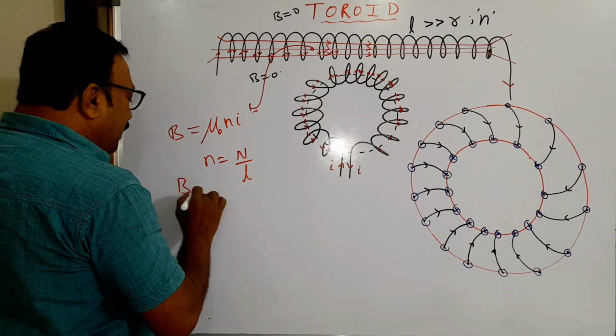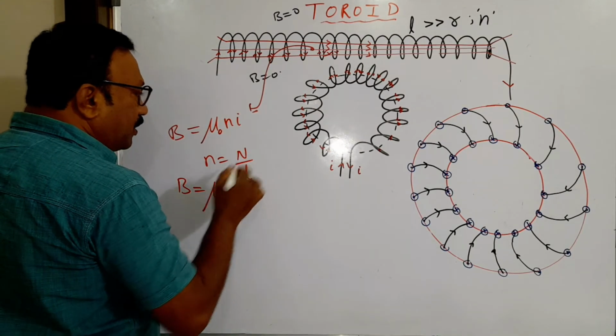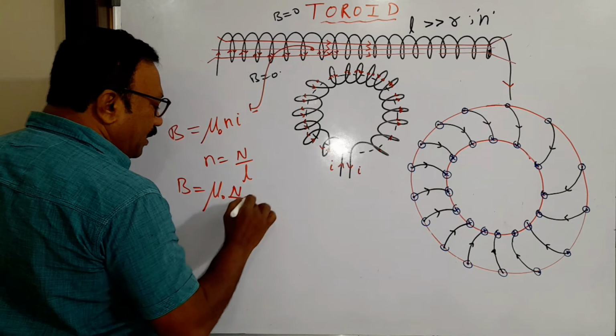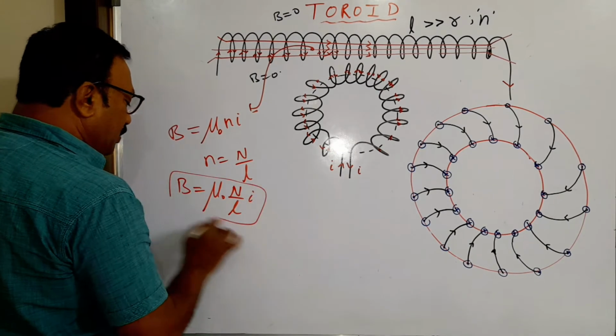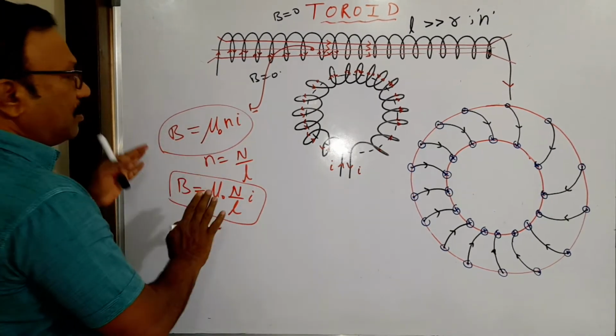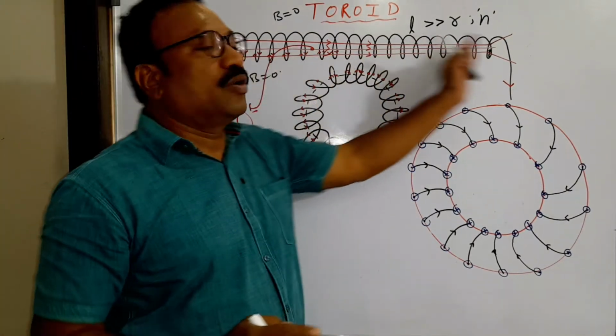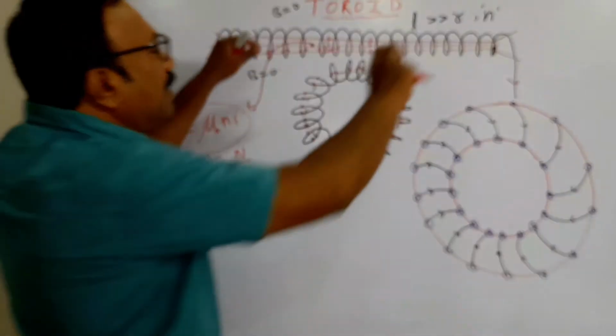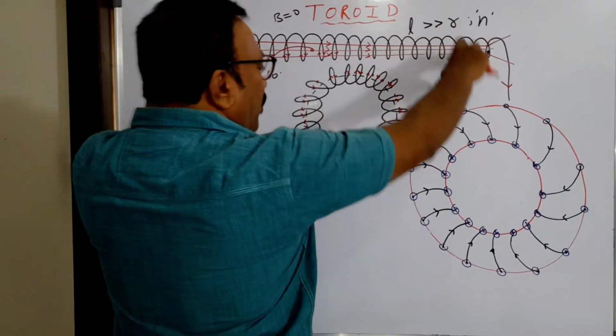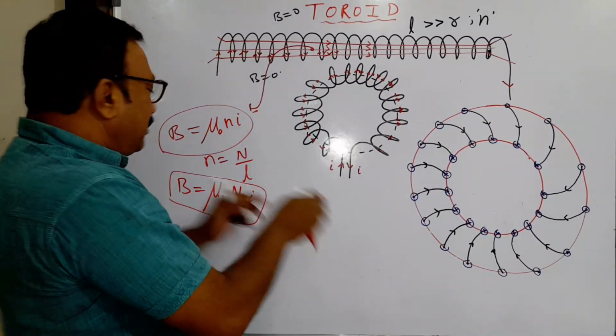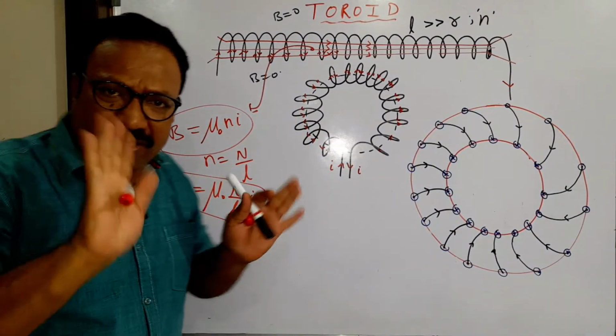That means B is equal to mu naught into N by L into I also. This was already discussed for the solenoid. Now, because you are bending this ideal solenoid into a toroid, this field will not change. This formula will not change.